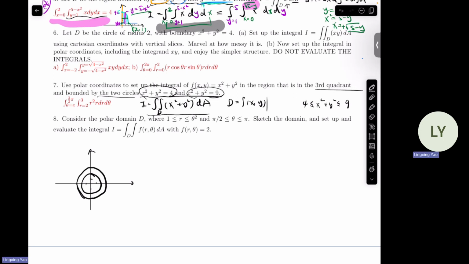And another thing is that the region we're only interested in is the part bounded in quadrant 3, which is here, right? It's only this piece.